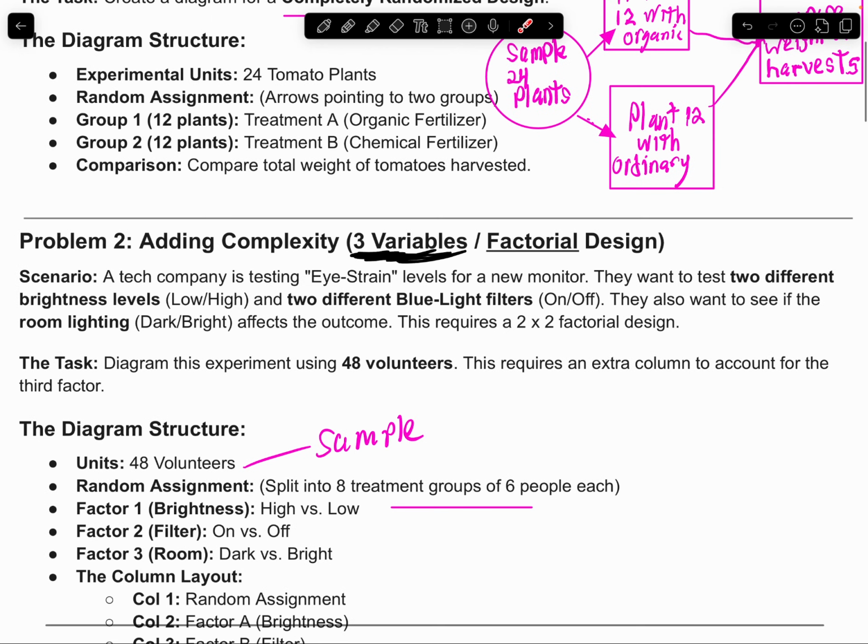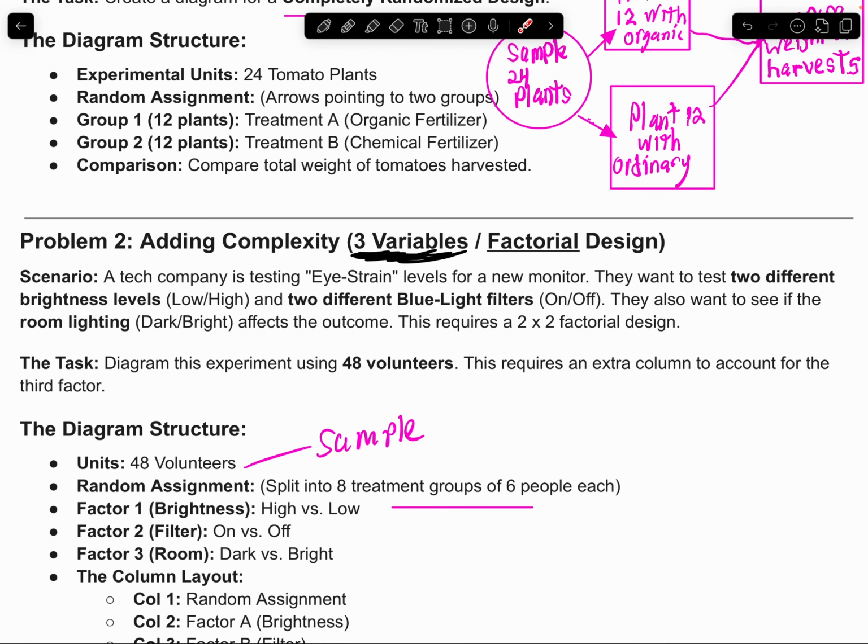So then we have problem 2 with 3 variables. We have a tech company, let's say Sony, making a new television. And before they make all their televisions, they're going to check if their design of their TV causes the viewers a lot of eye strain.